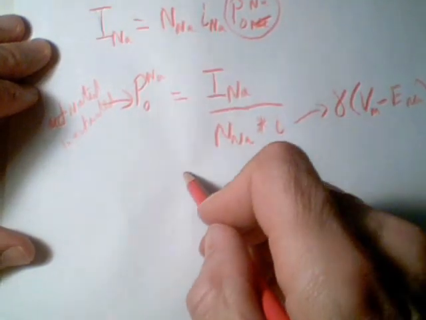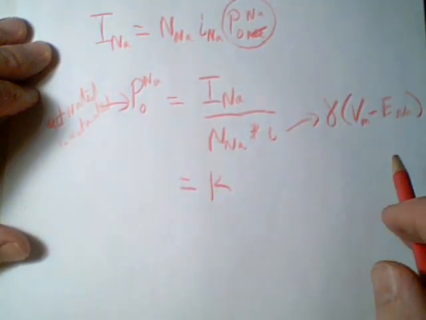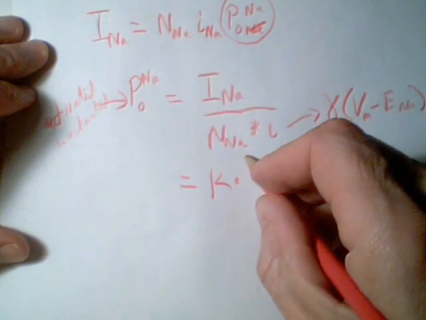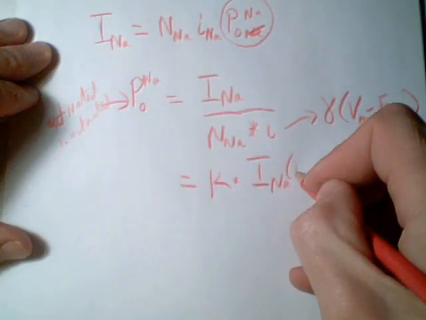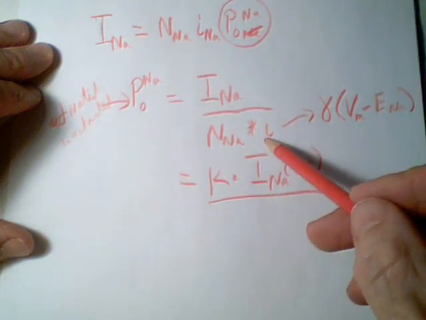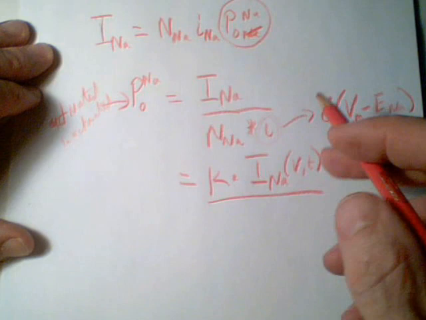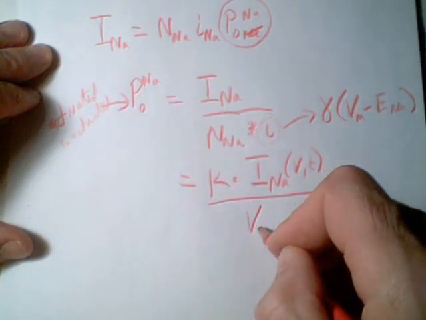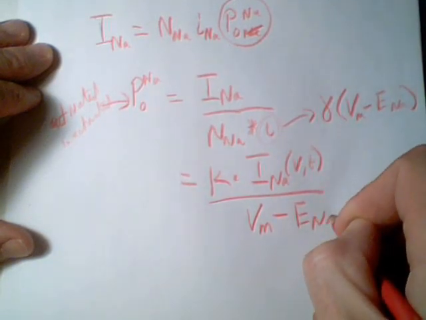So the probability of opening is related to some constant times the current that we measure, which is a function of voltage and time, divided by essentially the driving force for the sodium channels, which is Vm minus the reversal potential for sodium.